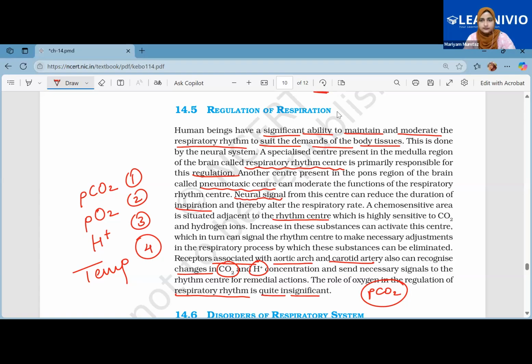From where we have done today, the regulation of respiration. This regulation part.